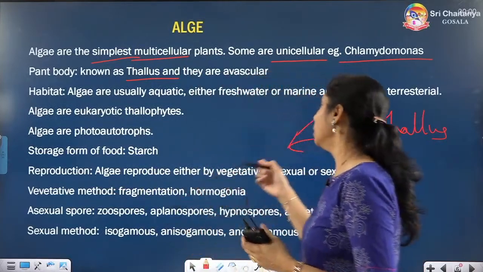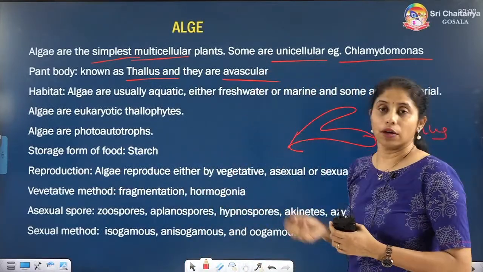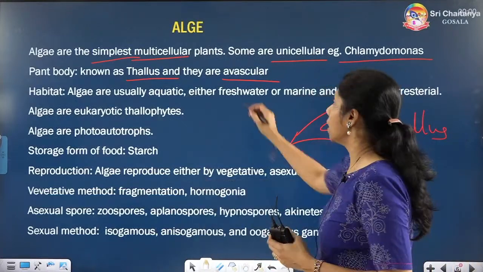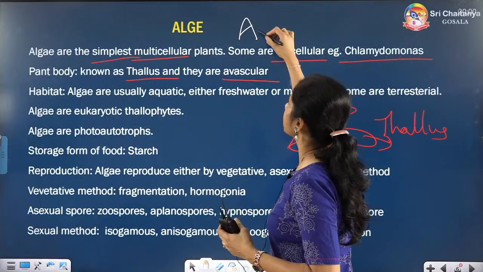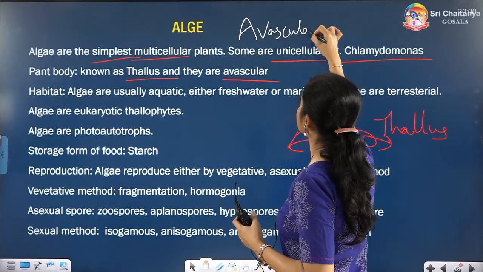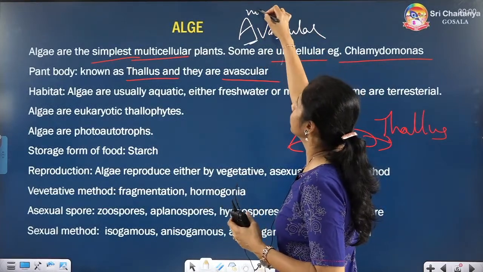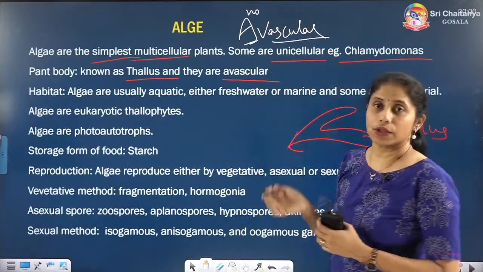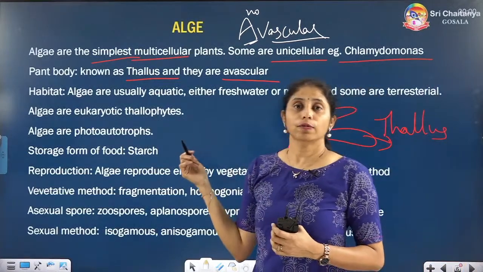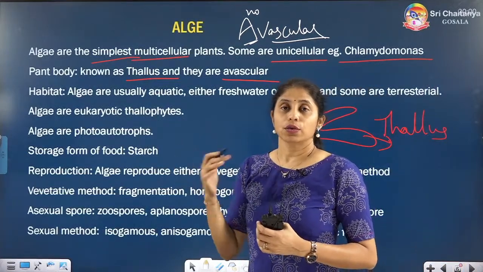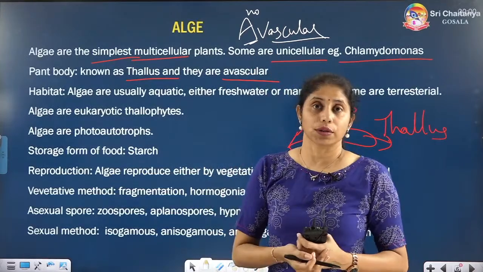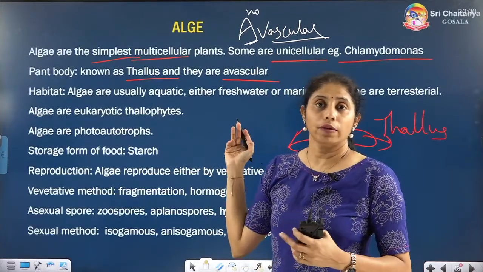Then I have given a term here, avascular. Wherever you see it, remember that A stands for no, or lack of, vascular tissues. You must have learned xylem, phloem, etc., right? Xylem and phloem come under vascular tissues. In anatomy you have already learnt this, I guess.